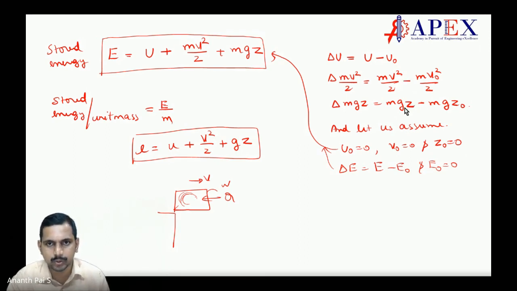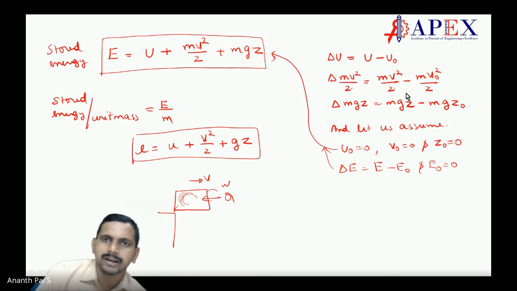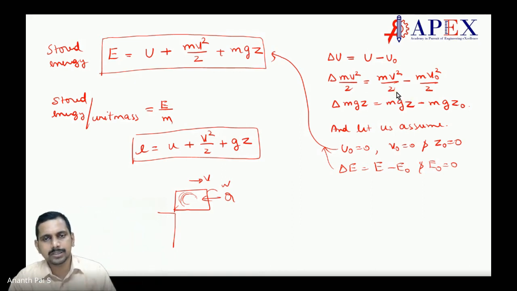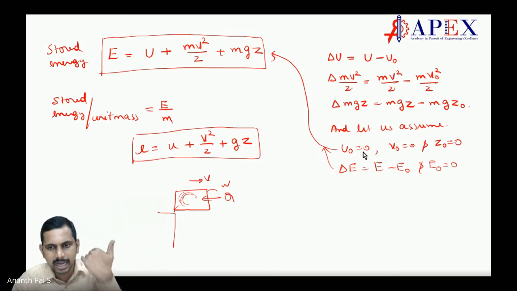I can have a zero velocity, but sometimes suppose there is a change in velocity, so you can consider something as datum. Correct. So if I take arbitrarily U naught equal to zero, because internal energy never goes to zero.